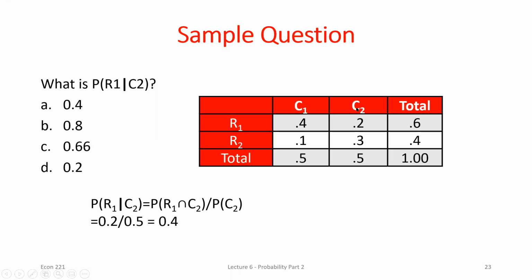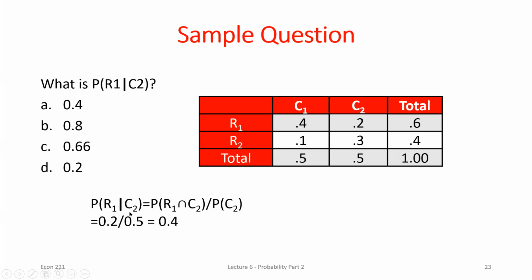I'm only looking at half of it, right? And of that remaining half, how much is in R1? Well, 0.2 of that 0.5 area is in R1. And that's essentially 0.2 out of the 0.5 area is how we're getting that conditional probability.